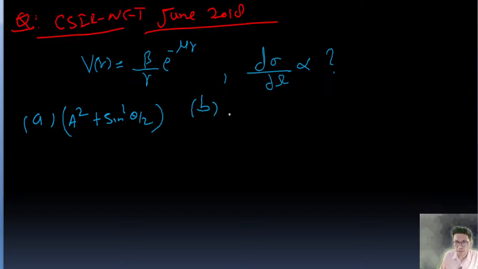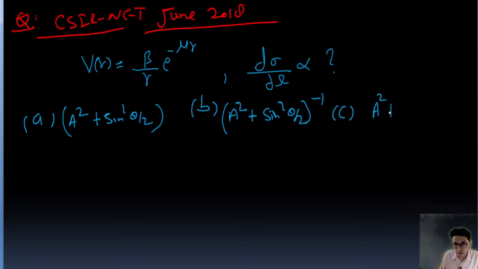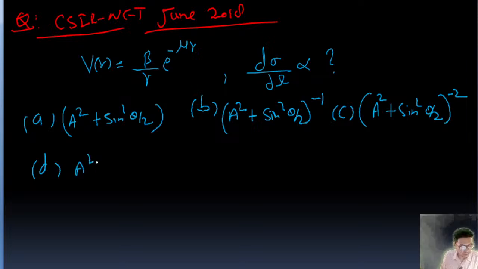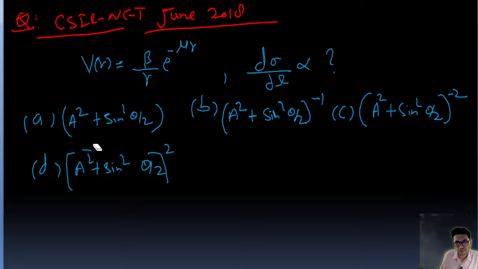Option B is k square plus sine square theta by 2 to the power minus 1, option C is k square plus sine square theta by 2 to the power minus 2, and option D is k square plus sine square theta by 2 whole square. Okay, so this is the question, and I'm going to solve it now.